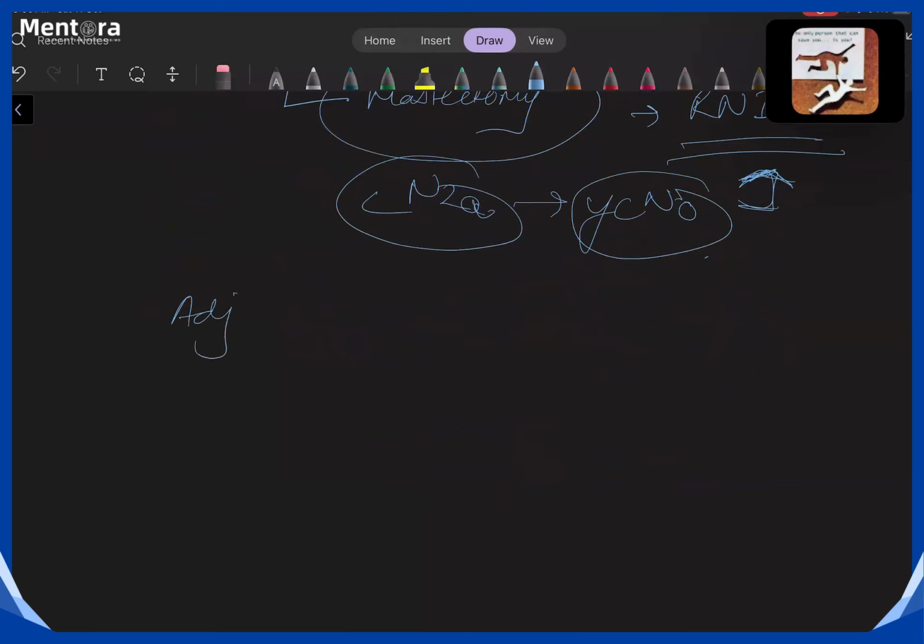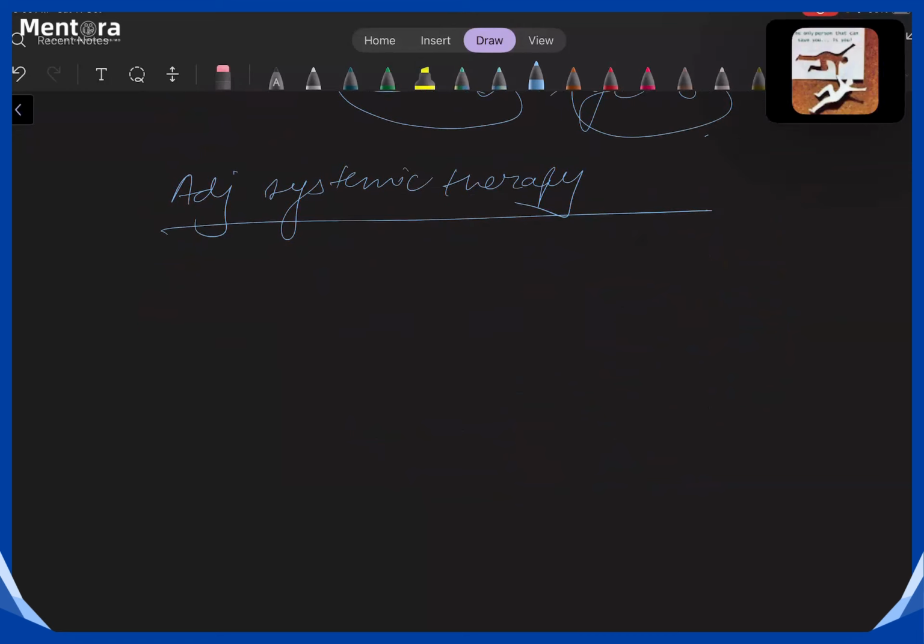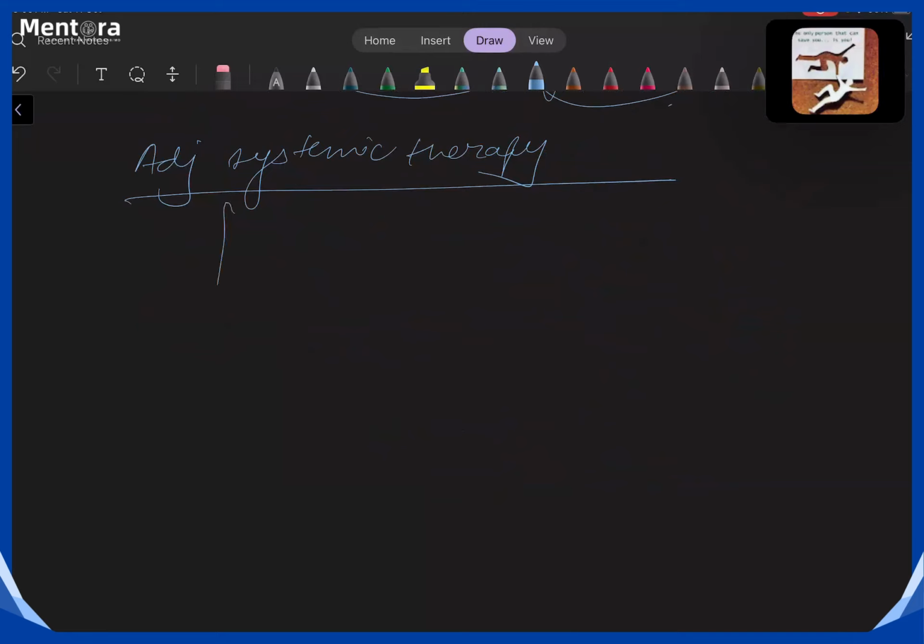Talking about the adjuvant systemic therapy. Don't worry, I have a separate PDF in which we have explained all this in a very systematic manner. In the adjuvant systemic therapy, it depends on what molecular subtype the tumor was.